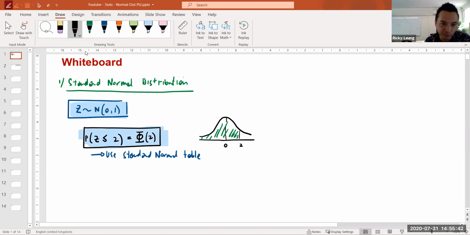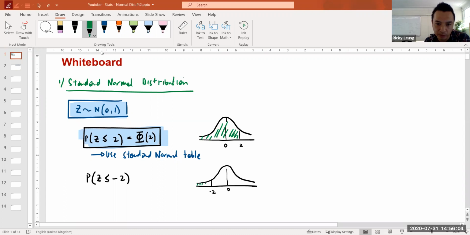Also, sometimes there's a variation where I take a negative number for standard normal. Diagrammatically, once again, if this was 0, the negative 2 would be here. I'm going to utilize the symmetry properties of a standard normal graph to say this area here is the same as this area here.